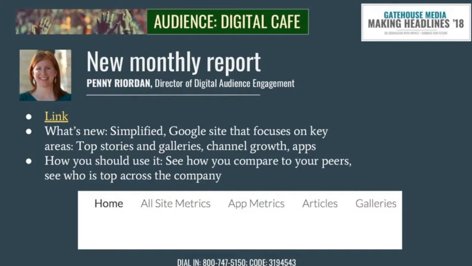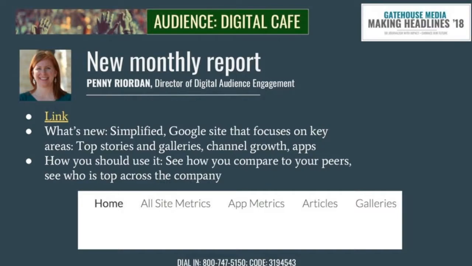And what are some of the things that are new about it? So it's simplified. It's a Google site. All the tabs across the top you can click on. So see the screenshot on the slide where it says all site metrics, app metrics, articles, galleries. You can look in there and see your top article, the top articles across Gatehouse, top galleries, get more data on the app, which is huge.